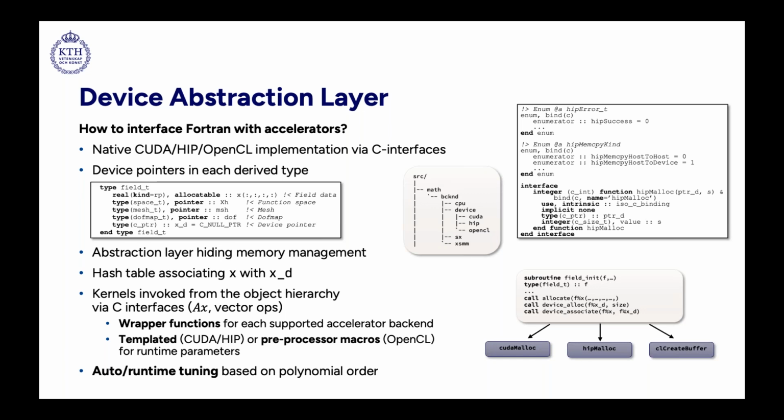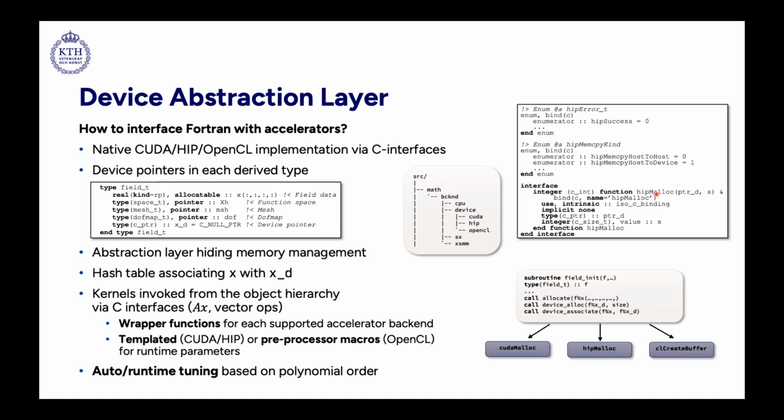So inside NEKO we are writing a lot of C interfaces so that Fortran can call relevant parts of the APIs. So for example, we are replicating the HIP API. So you can call hipMalloc, for example, to get some memory allocated on an AMD device. Same for CUDA and same for OpenCL as well.